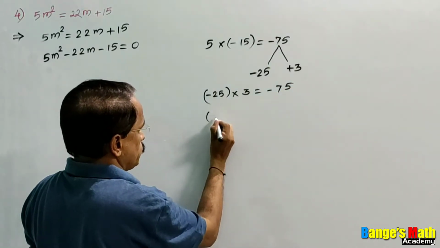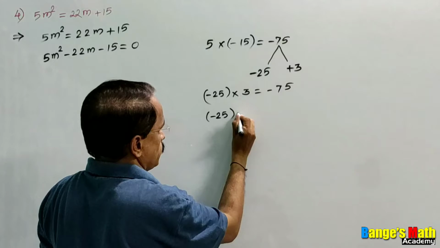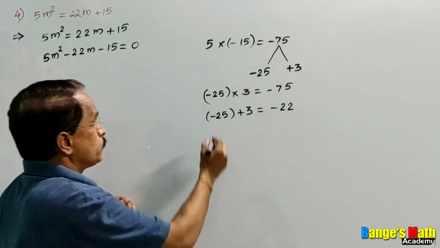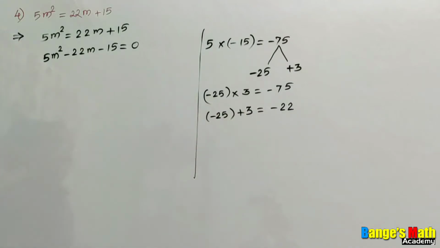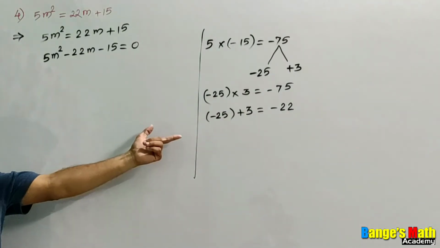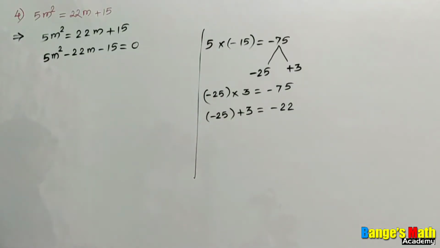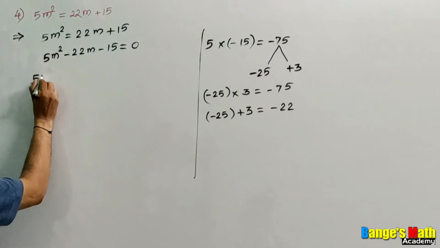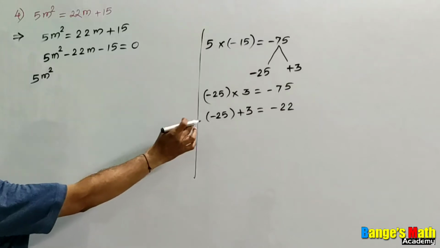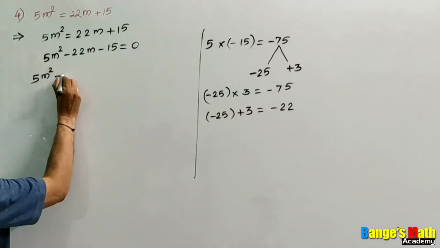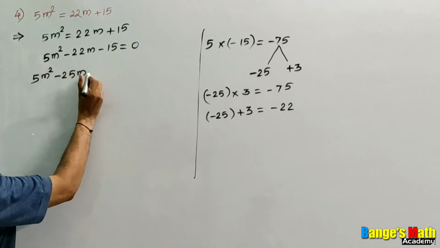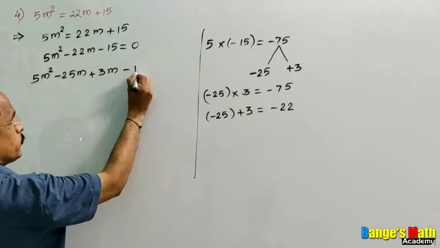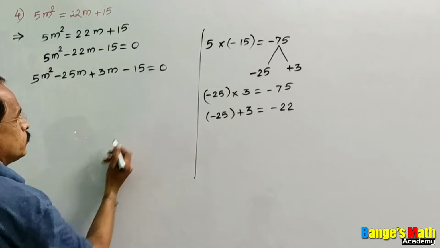And the sum of these two numbers is minus 22. So we split the middle term like this, minus 25 and 3. 5m square, write down the middle term in this way, minus 25m plus 3m minus 15 is equal to 0.